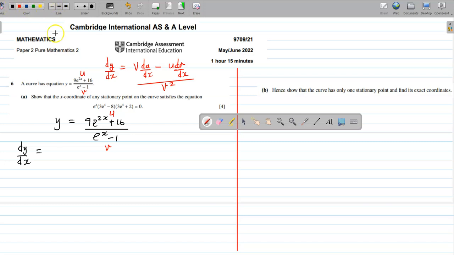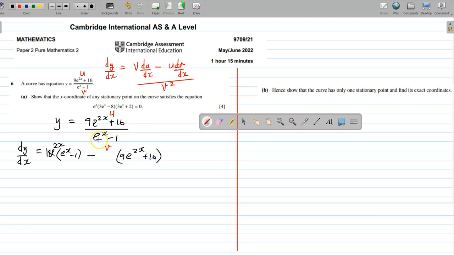Hence we would have v, which is e to the x minus 1, and du dx, when we differentiate this, we get 18 e to the 2x. Minus u, which is 9 e to the 2x plus 16.